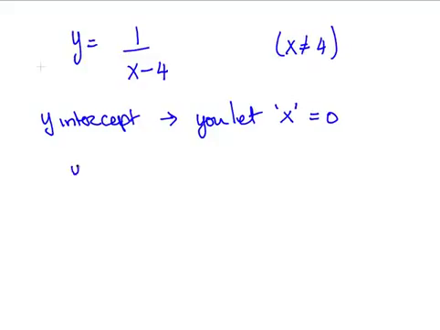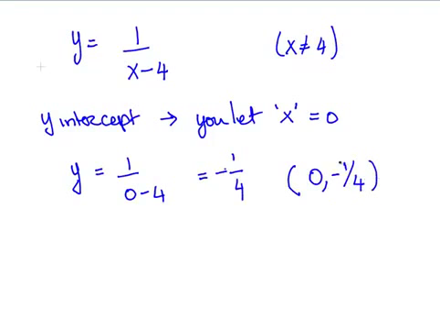So what we have here is y equals 1 over 0 minus 4. So the answer is minus a quarter. So the y-intercept is 0, minus a quarter.